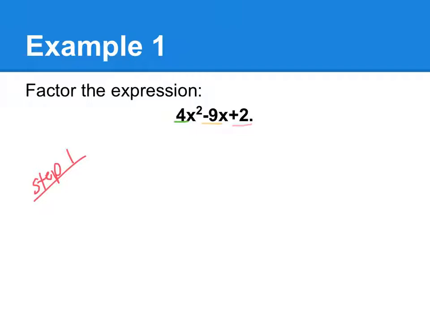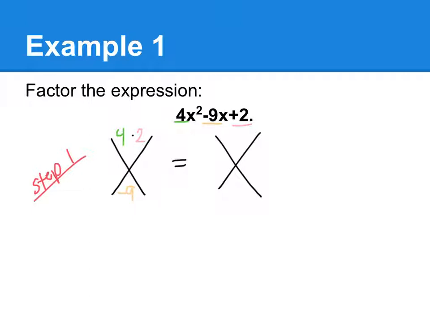Start off with the x. Except this is where it's going to get a little funky. Instead of writing 2 on top, what we're actually going to write is 4 times 2. Now why did I do that? Well, it's the first times the last that goes on top, and just like before, negative 9 goes on the bottom.